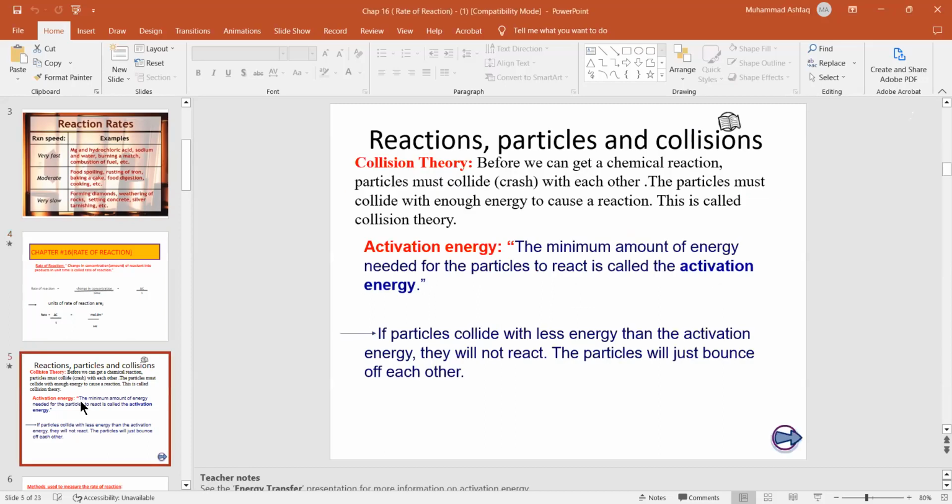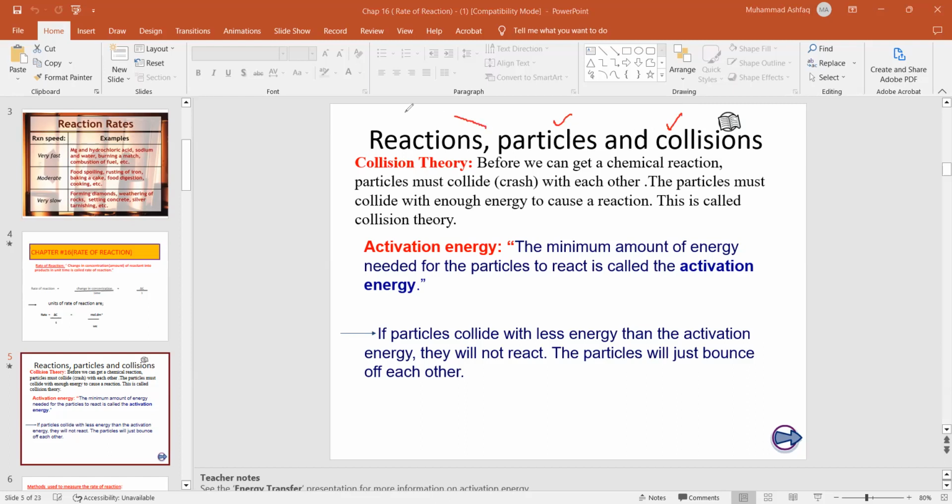Now, the first thing in the rate of reaction is what affects how the reaction goes on and proceeds. Let's see this. We have almost three things, and we will learn and understand them one by one in a brief way. Reactions, particles and collisions.